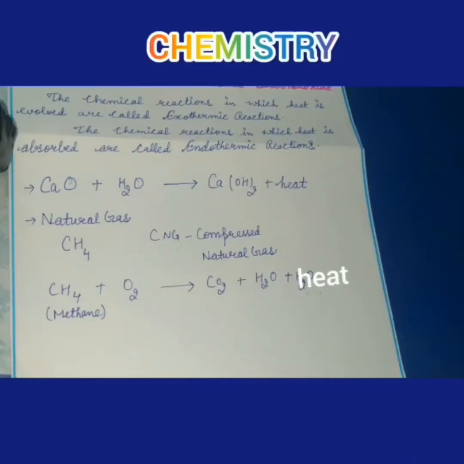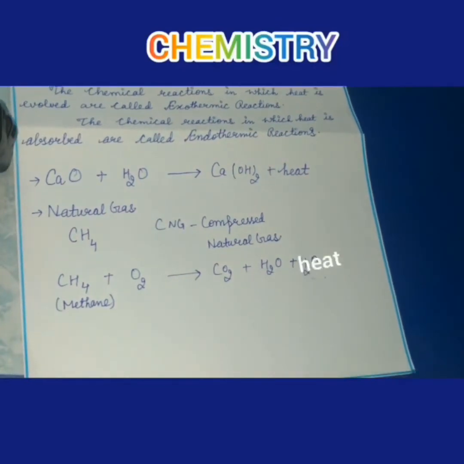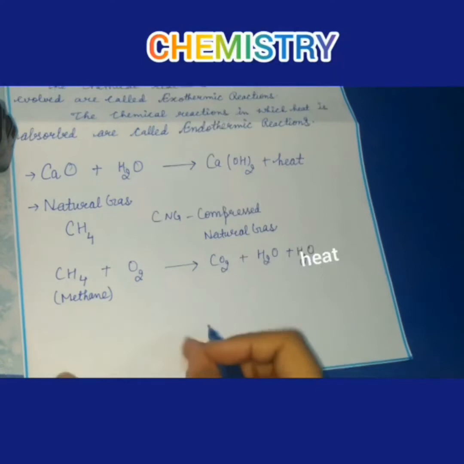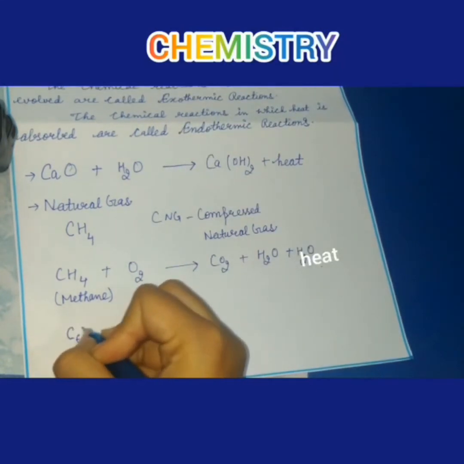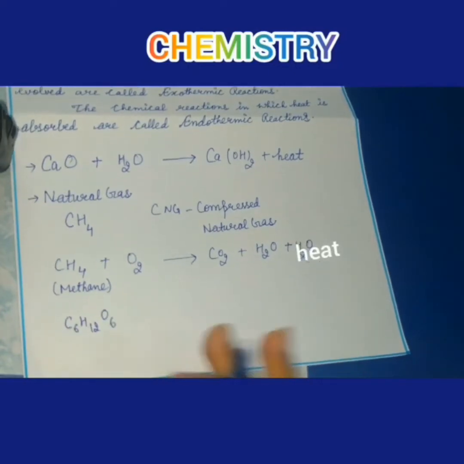Why is respiration considered to be exothermic? Okay, let us see. We know that the food we eat like potatoes, rice, they contain carbohydrates. These carbohydrates on digestion convert to glucose. So glucose is C6H12O6. Okay.